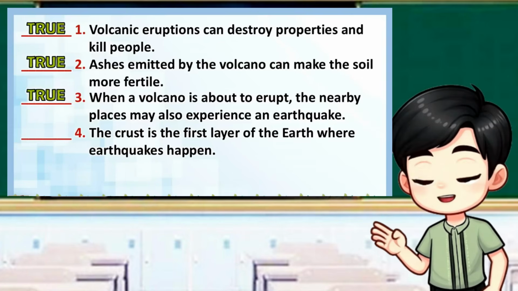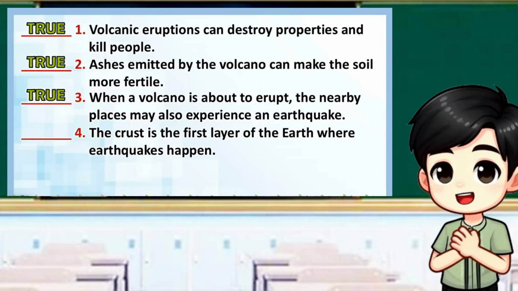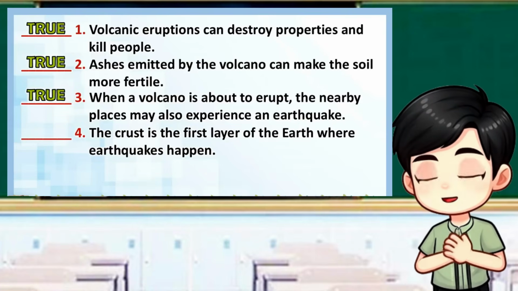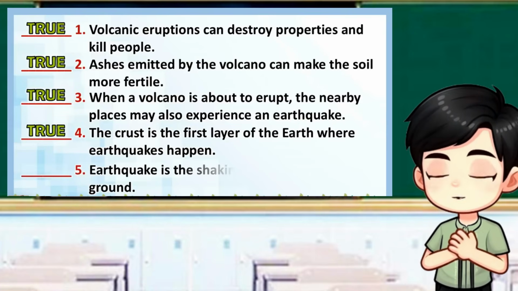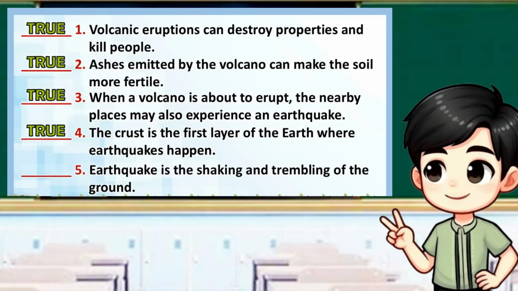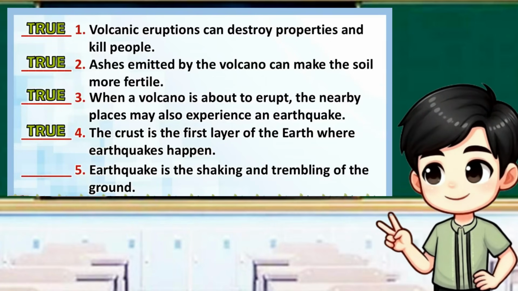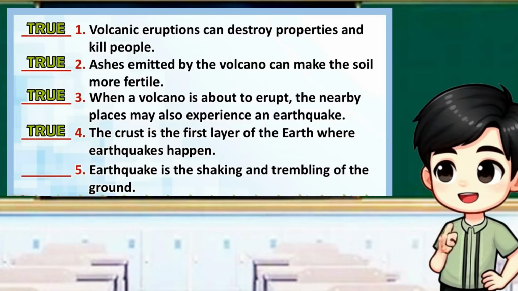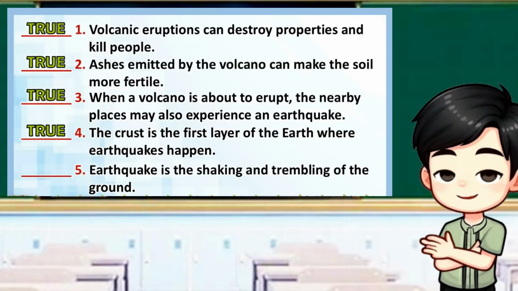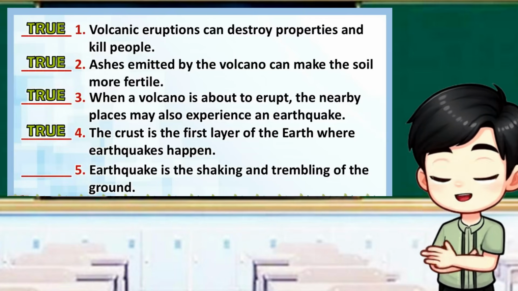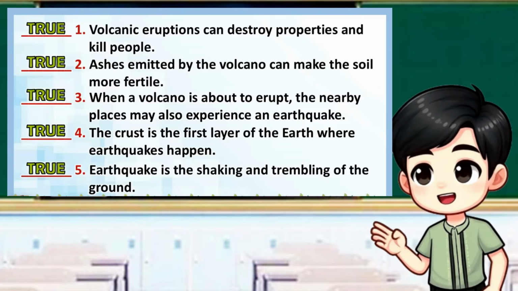Is it true or false? Very good. The correct answer is true. And number 5. Earthquake is the shaking and trembling of the ground. Is it true or false? Very good. The correct answer is true.